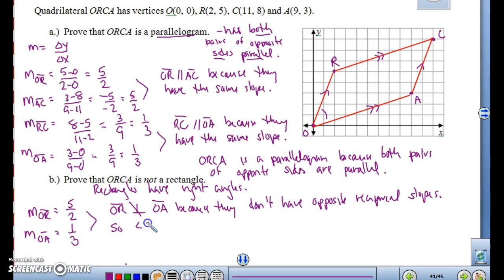So, angle O is not a right angle. So, ORCA is not a rectangle because it doesn't have a right angle. So that is the proof that we had. So we had to use the slope formula to do that.